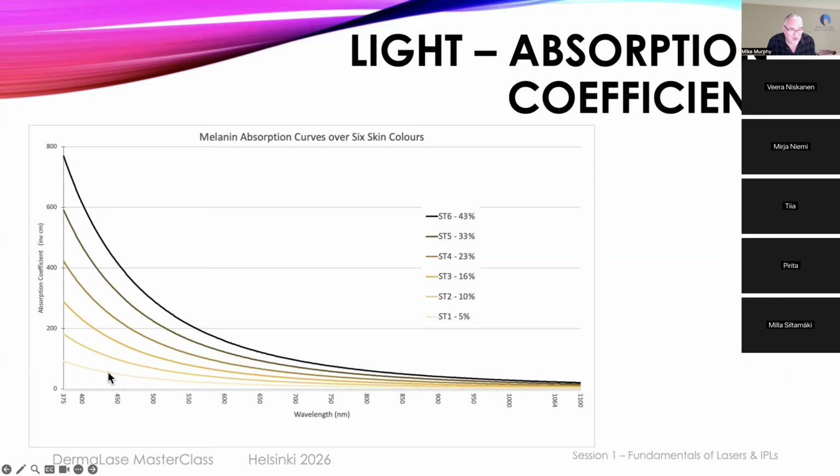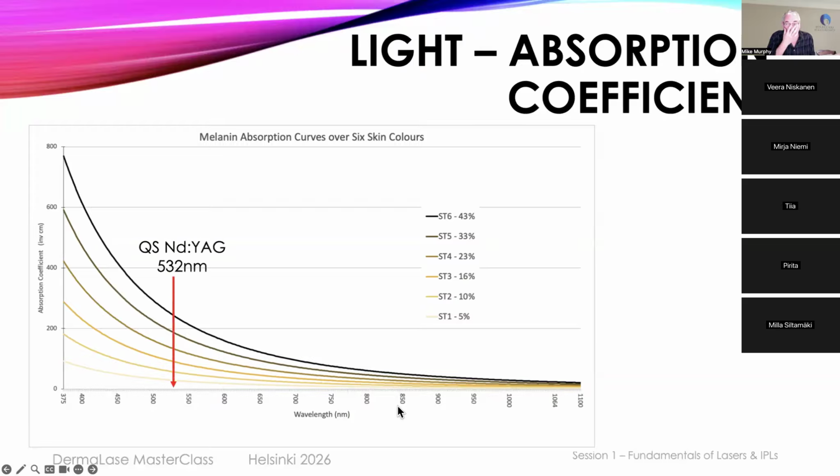But this curve down here, this very pale curve, is for skin tone 1, and that's skin tone 2, 3, 4, 5, and 6. And you can see that as the skin gets darker, the absorption gets significantly greater at all these lower wavelengths. Fortunately for us, it's not so bad up here where we tend to use our lasers.